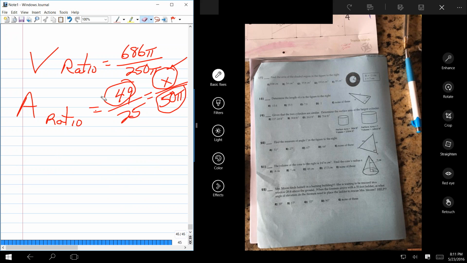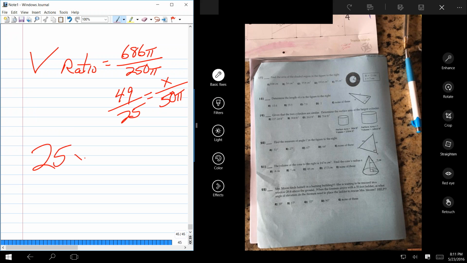How do I solve that equation? You just cross multiply, so it'd be 25x is equal to 2,450 pi, and then x is equal to 98 pi. Yep, which is B.